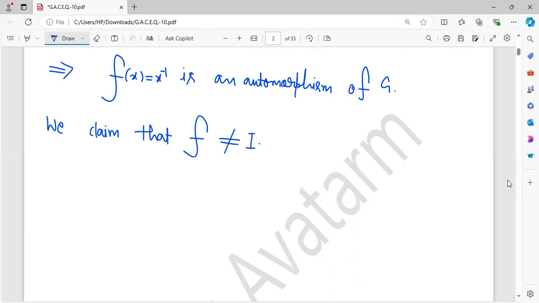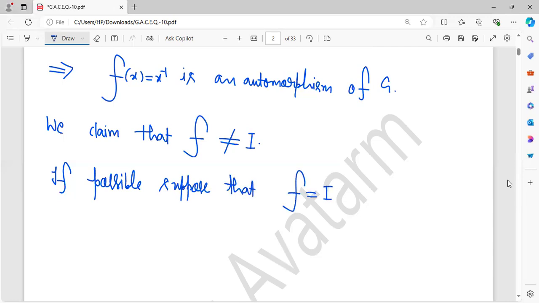So we will show this by contradiction. If possible, suppose that f is equal to the identity map. If f is the identity map, this implies f(x) is equal to I(x) for all x belongs to G. But what is the meaning of this?